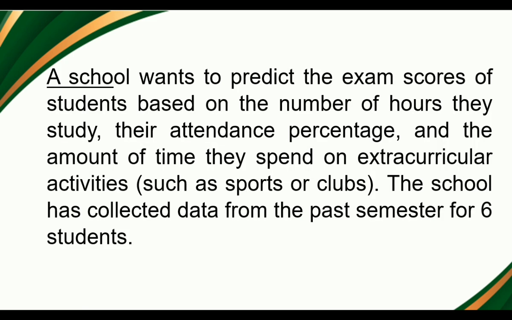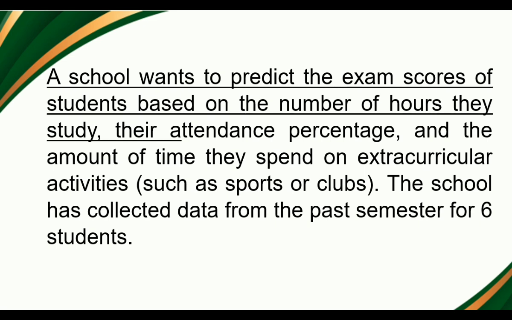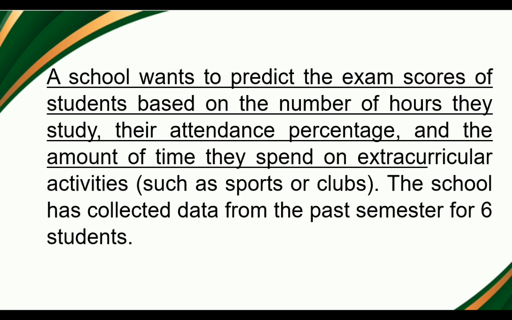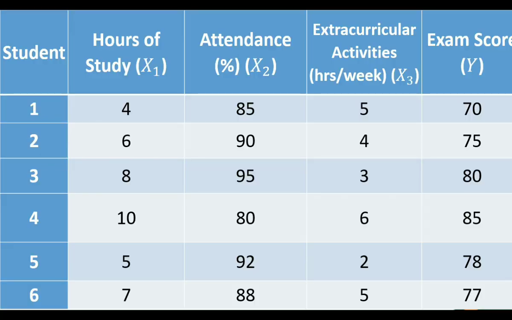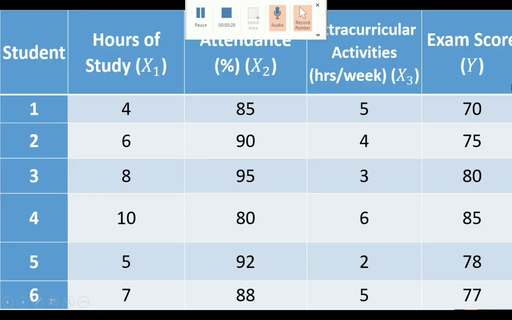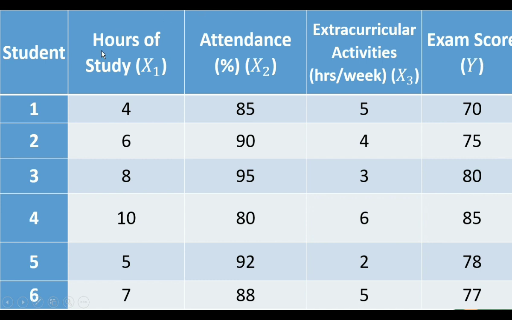An example: a school wants to predict the exam scores of students based on the number of hours they study, their attendance percentage, and the amount of time they spend on extracurricular activities such as sports or clubs. The school has collected data from the past semester for 6 students. This is the data. We have here the hours of study, attendance, extracurricular activities, and exam scores. These 3 are our independent variables and exam score is the dependent variable.